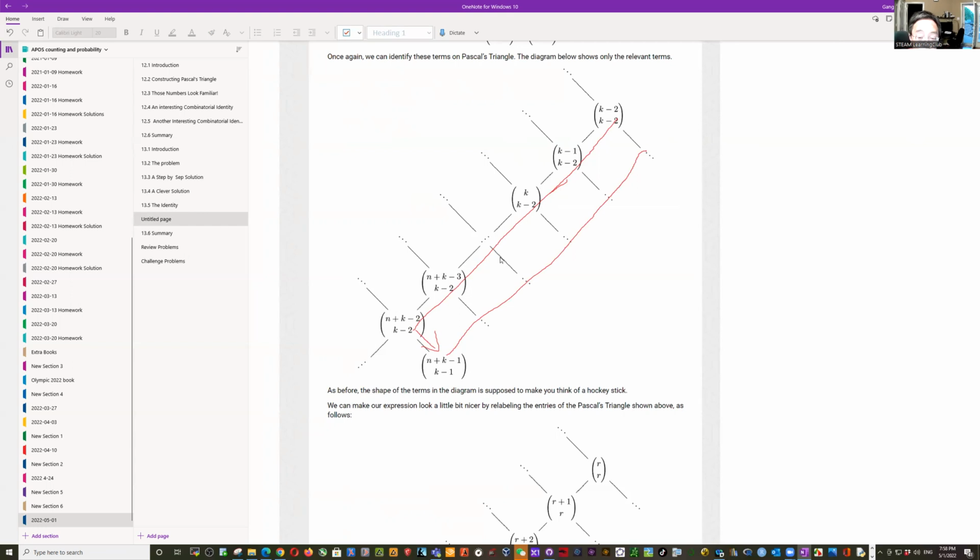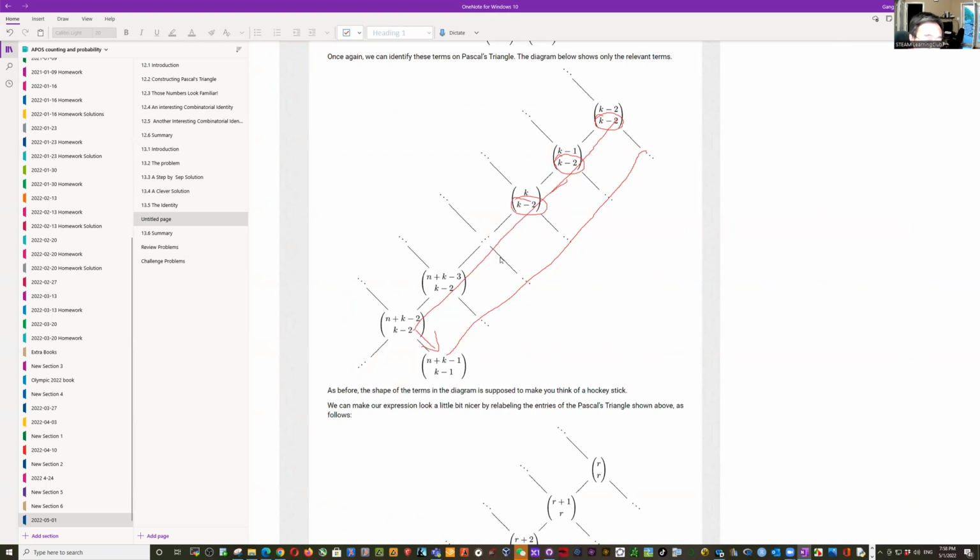Because this hockey stick theorem follows the left fork line, this is the left fork. The left fork line will keep the lower number.